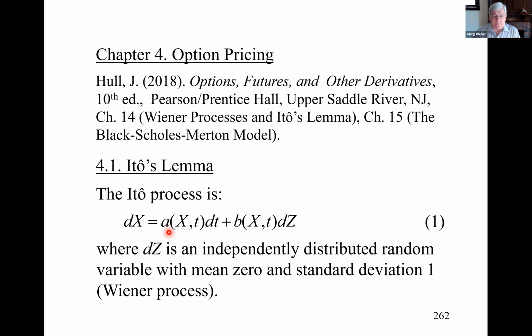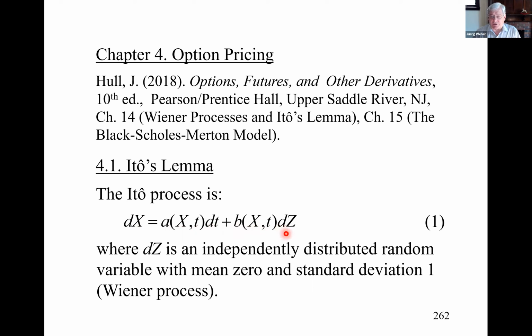So here we have the drift A. In each small time period, x maybe goes up or down by A times dt. So that's the drift, and that's deterministic. And then here we have the stochastic part.